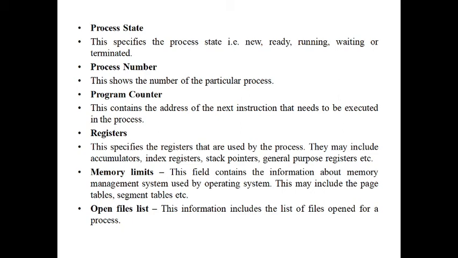Memory management information will also be stored in the memory limits, like how much memory is used, when it is used, when it is allocated, and when it is deallocated. CPU scheduling information will also be there.